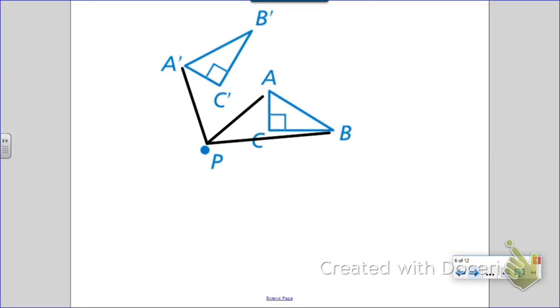We do the same for B and B prime and C and C prime. Each of the angles formed from A to A prime, B to B prime, and C to C prime is a 60-degree angle. So for example, this angle is 60 degrees.